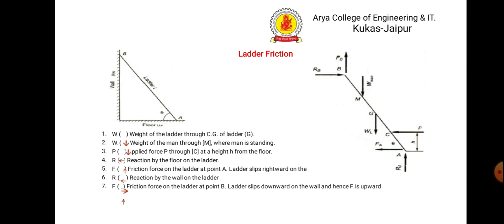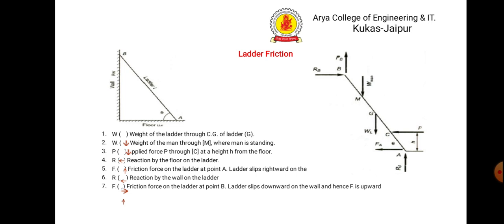Then WM acts at M, it is the weight of the man who is standing, vertically downward. Then force P is applied at a height h from the floor, to stop the slippage, in the leftward direction.